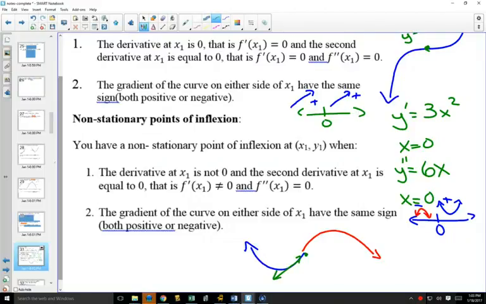Positive or negative? Positive. And on this side? Still positive. So the gradient of the curve, or the slope of the curve, on either side of this point still have the same sign. Then you know that they're both positive or both negative, but it changes concavity at that point. That will be an inflection point that's non-stationary.